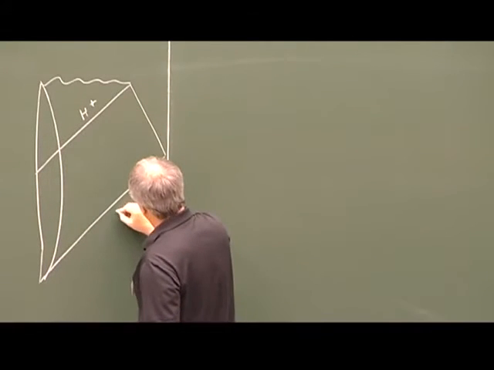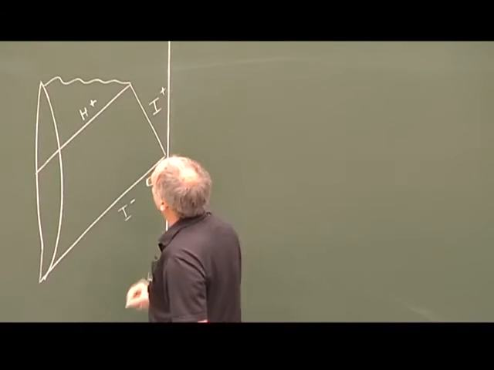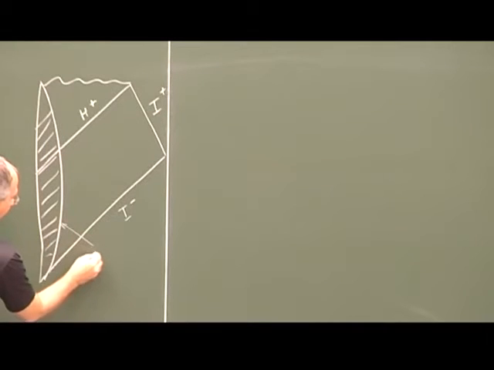So this is the horizon. This is called scri minus, and this is called scri plus. I will not go into the details of that because I assume that many of you have seen that. And if you haven't, you will do the problem and refresh your memory. So this is the surface of the shell.